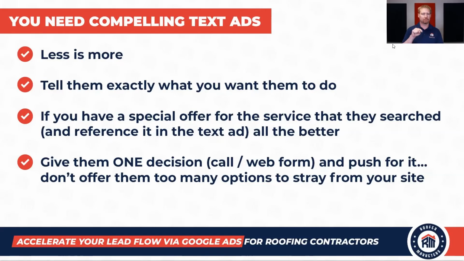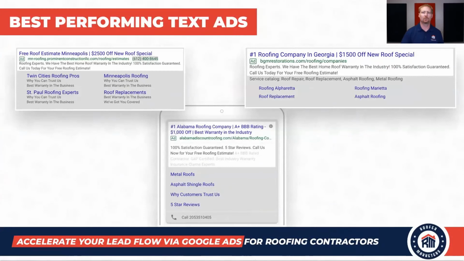Call us, click here. Don't give them too many options. You want them to go straight to your site. So some of the best performing text ads, some examples of stuff that we run: free roof estimate, Minneapolis. It's very specific of what they're looking for. Here, we'll give you a free roof. We have an offer of $2,500 off.